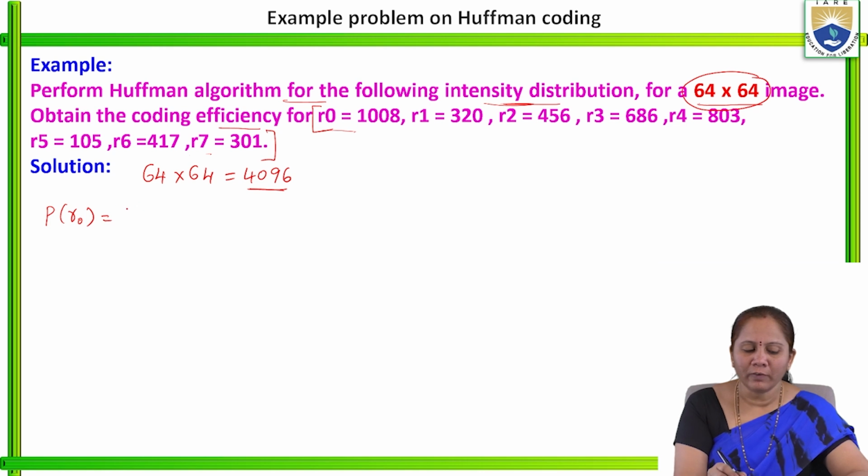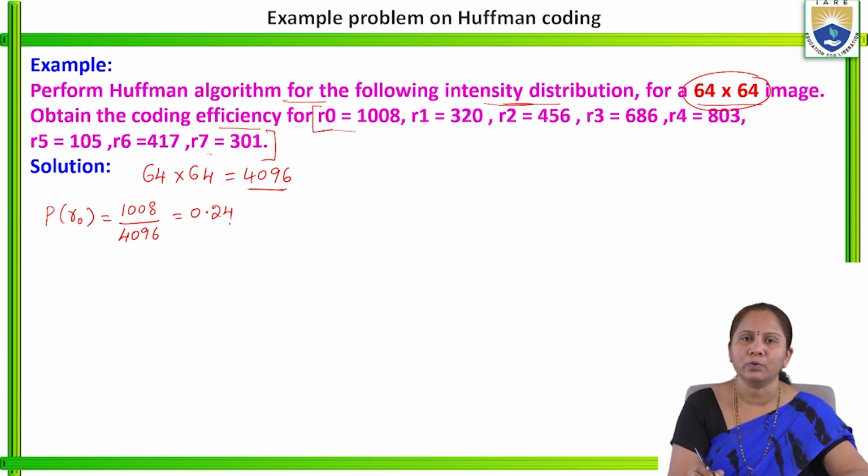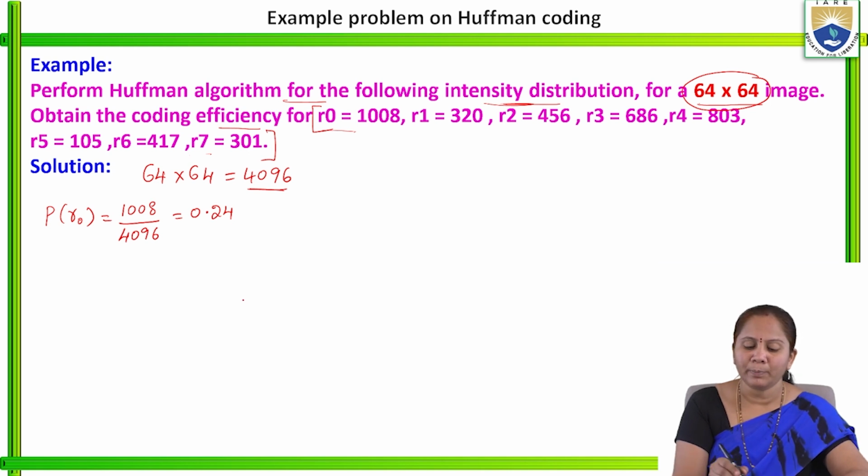P of R0 is equal to 1008 divided by 4096. The value of P of R0 is 0.24.